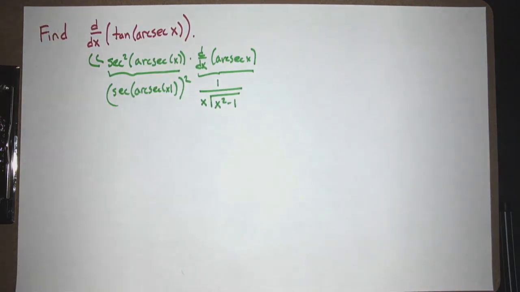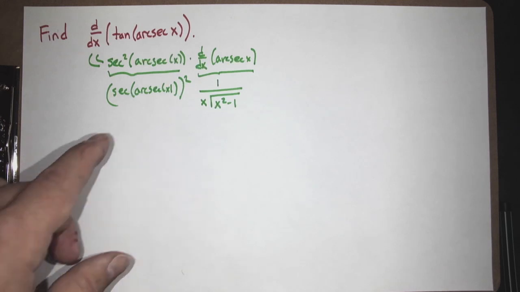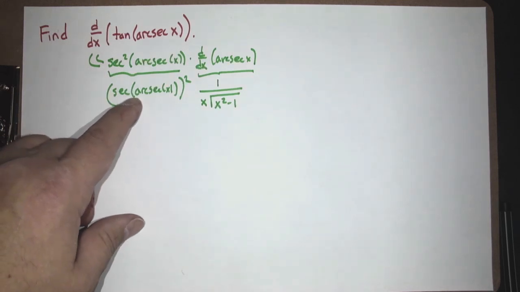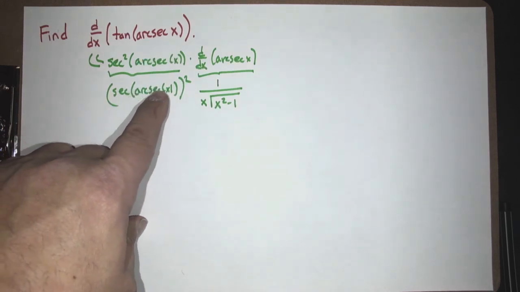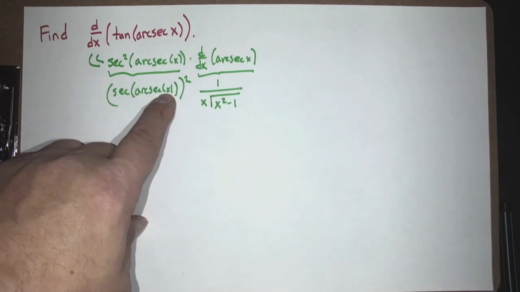What about this piece? Secant of arcsecant of x. What is that? They undo each other, so you end up with what you started with.